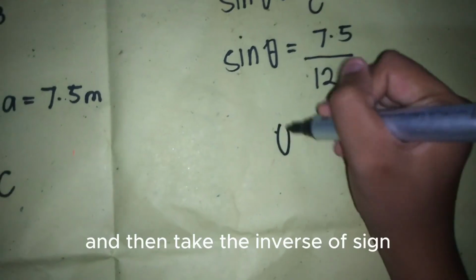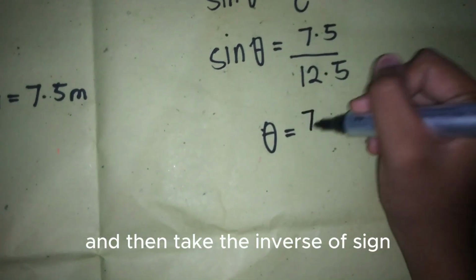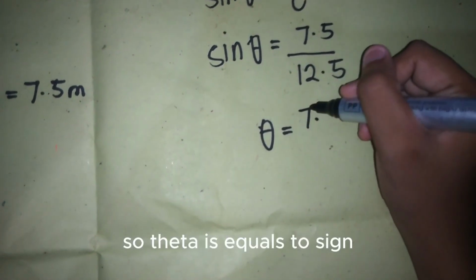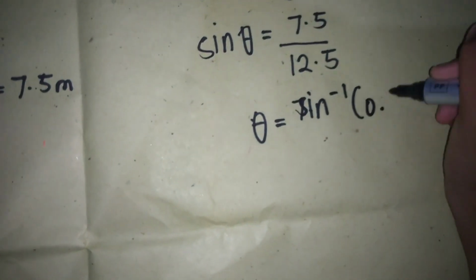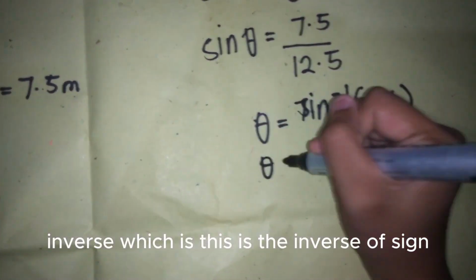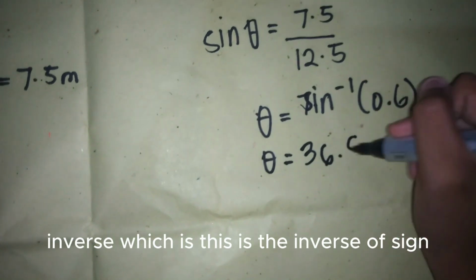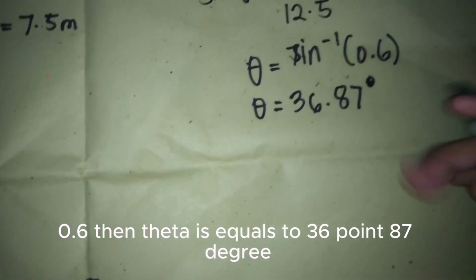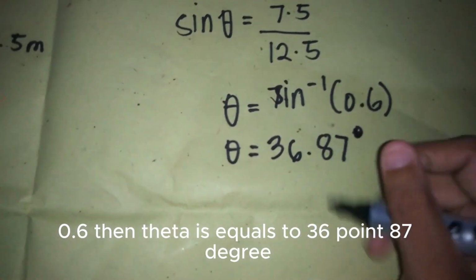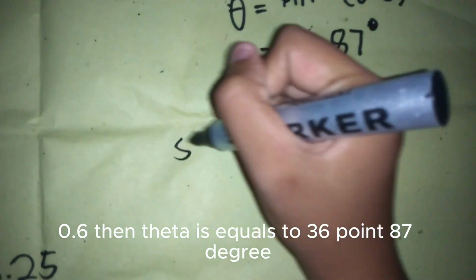And then take the inverse of sine. So theta is equal to sine inverse, which is the inverse of sine 0.6. Then theta is equal to 36.87 degrees.